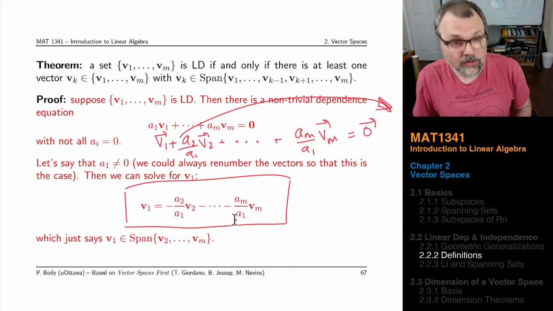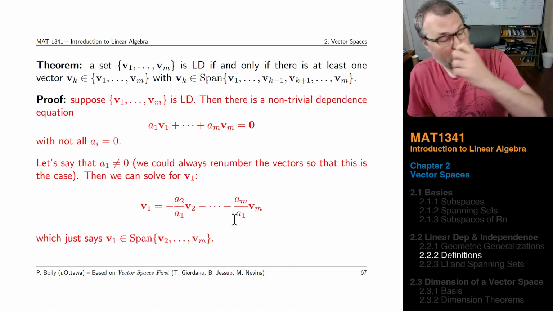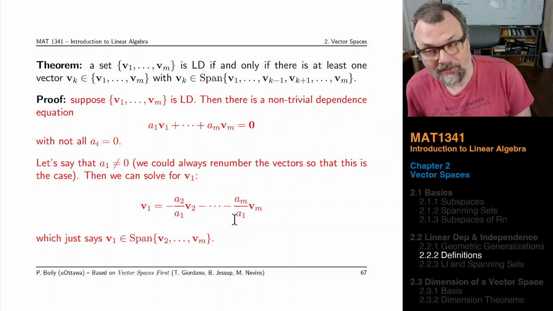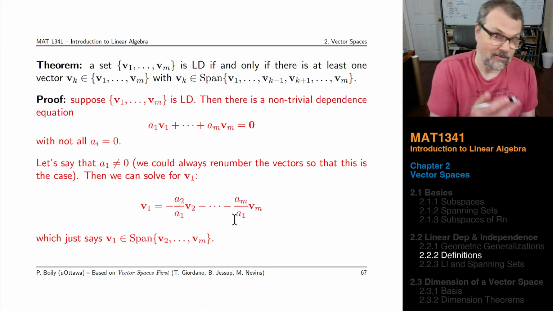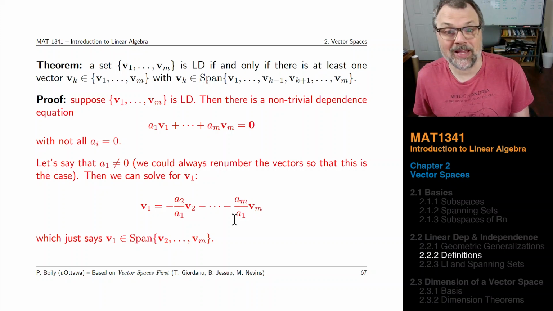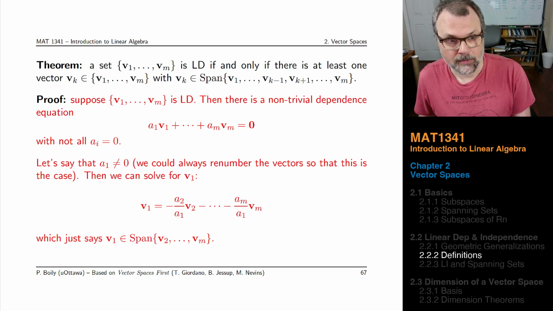So if you start with a set of m vectors which are linearly dependent, then you can definitely write one of them as a linear combination of the other ones. So one vector is at least in the span of the other vectors.